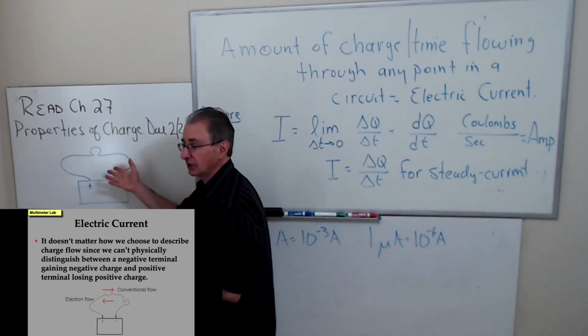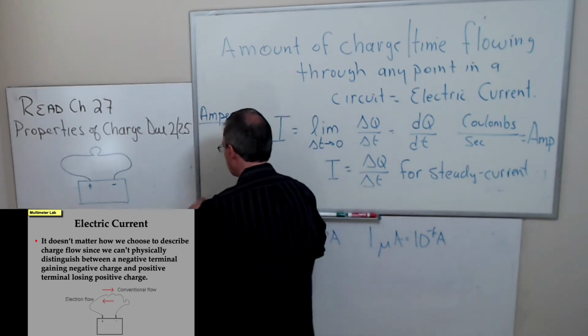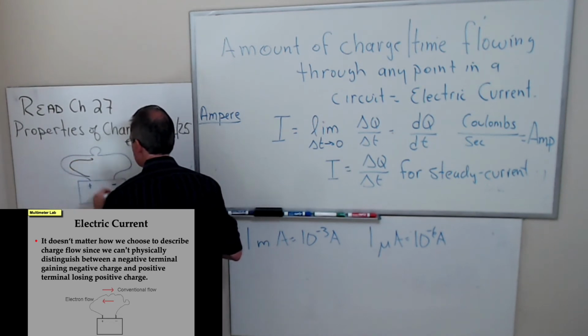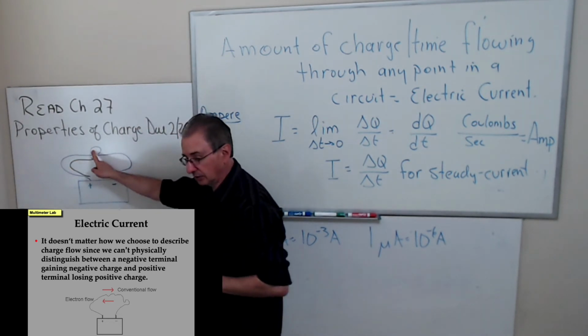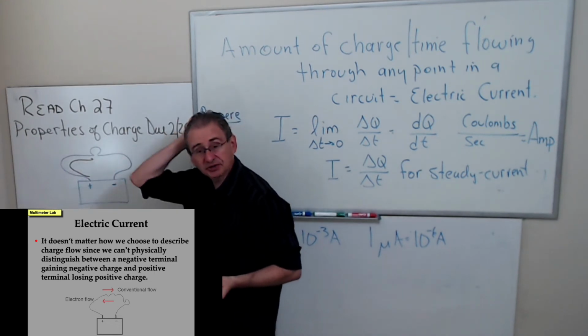When people studied circuits many, many years ago, they thought it's positive charge moving this way in a circuit that's causing the light bulb to glow. And they called that conventional current.